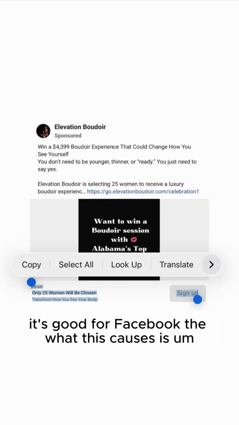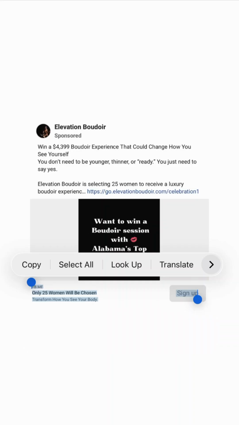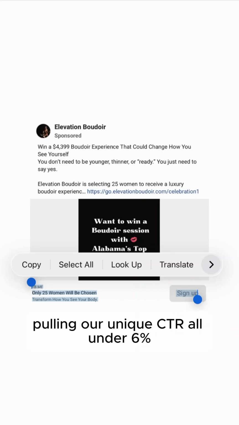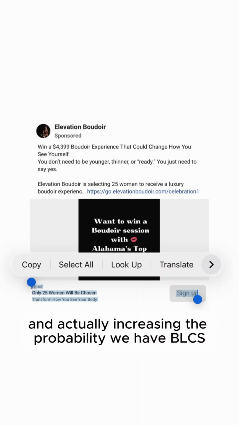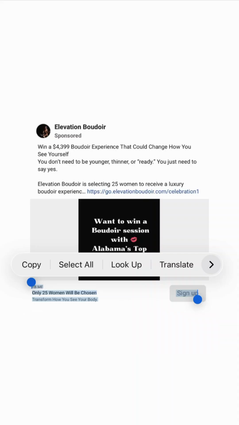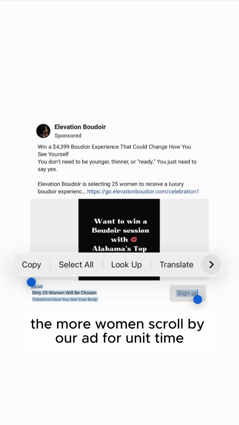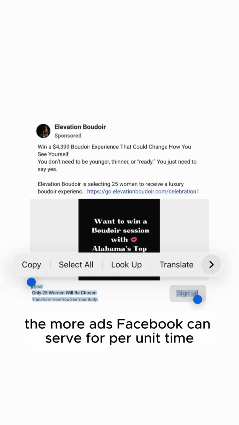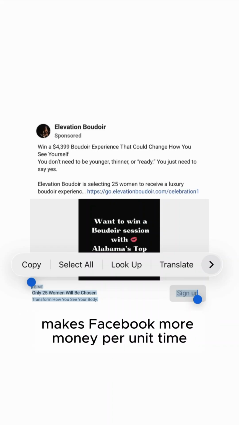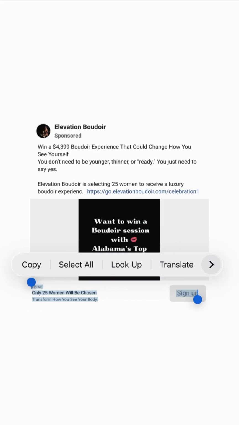What this causes is way more women to scroll by our Boudoir Facebook ads than necessary, pulling our unique CTR under 6% and increasing the probability we have BLCS. The flip side is, the more women scroll by our ad per unit time, the more ads Facebook can serve per unit time. That's why Facebook wants us to fill this out. It makes Facebook more money per unit time.